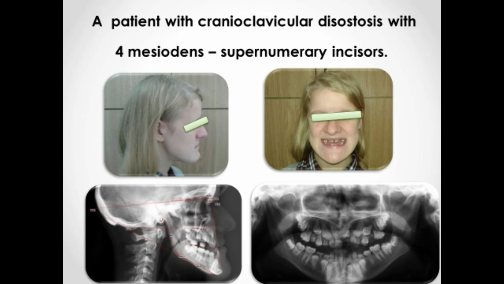Multiple hyperdontia is common among patients with cleidocranial dysplasia. On this slide we see a patient with cleidocranial dysostosis with 4 mesiodens, supernumerary incisors. Another disease which manifests with supernumerary teeth is Gardner's syndrome.